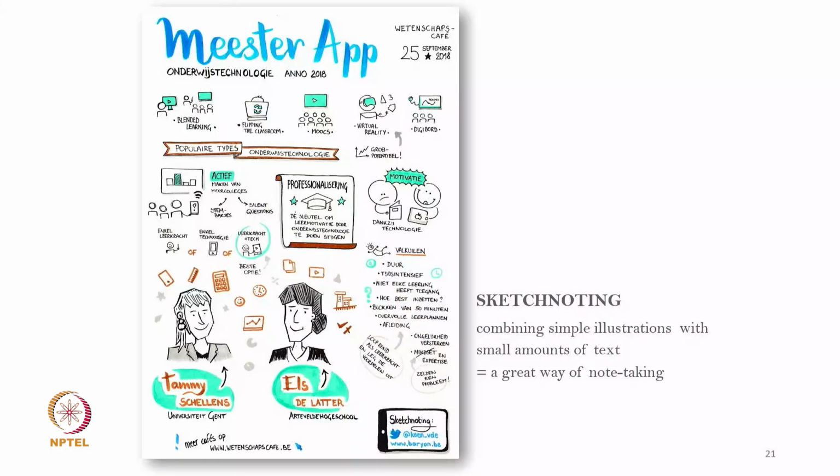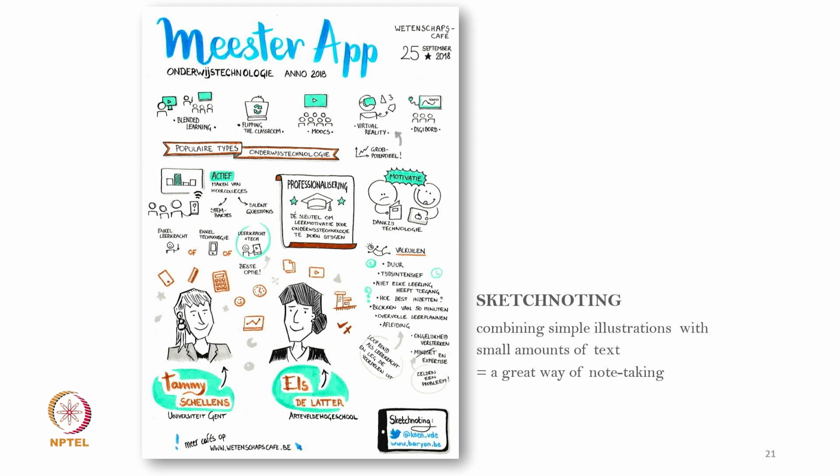Another important use of data visualization in research is sketchnoting. Sketchnoting is a combination of simple illustrations with a small amount of text. So when you present a small amount of graphics, sketchnoting is an important way to communicate the research. Here is an example of sketchnoting.